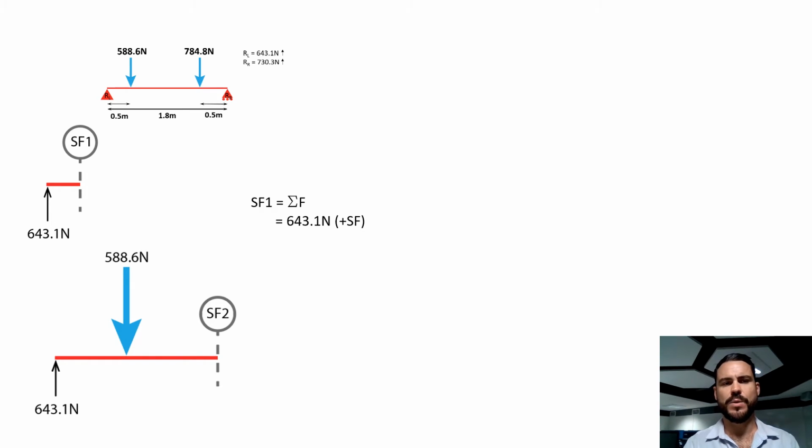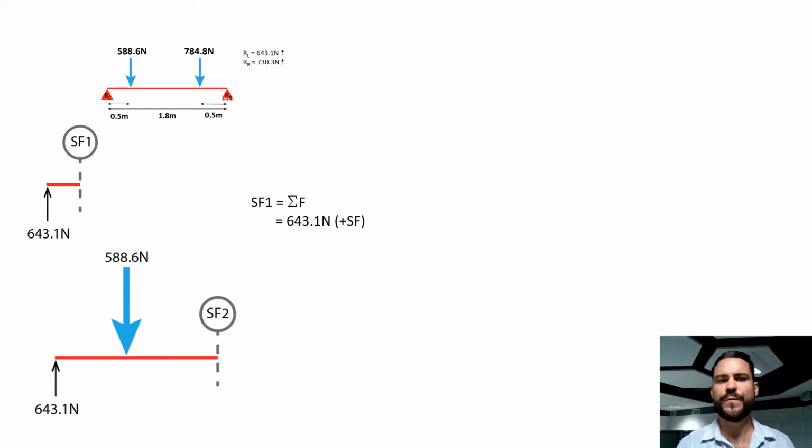Okay, so with our second shear force, we've got our reaction from the left, 643.1. We've shifted across now, and we've got our force 1 going down, 588.6, and we've then moved across to the midpoint between our two forces going down, and that gives our shear force 2.